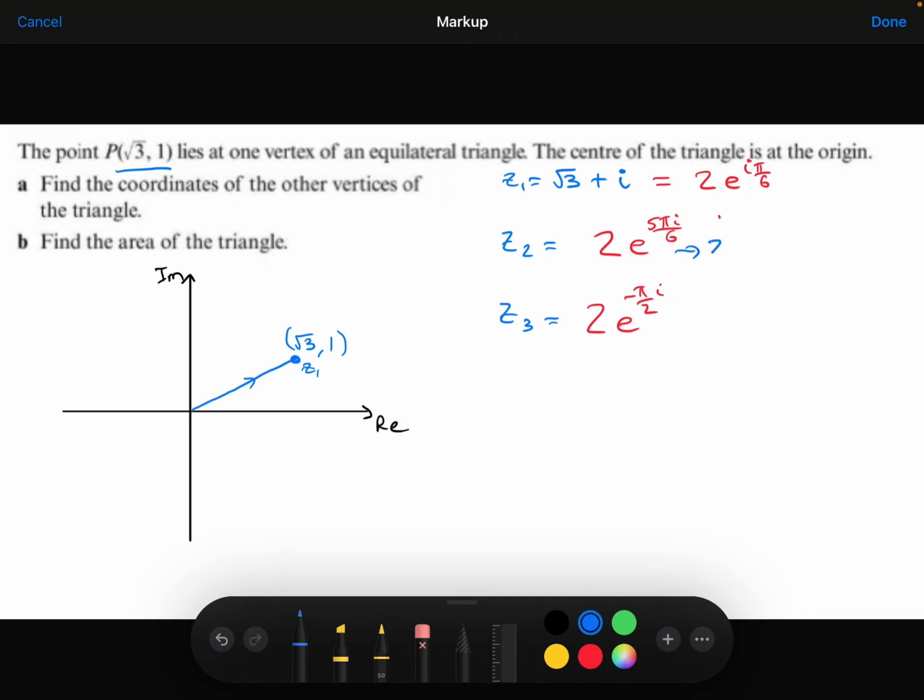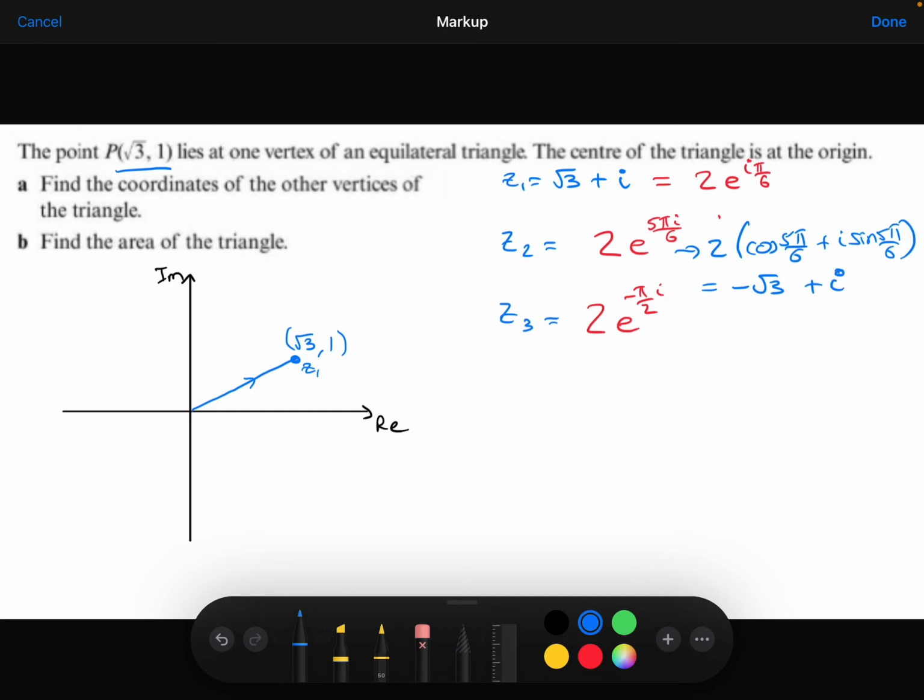Here the modulus is 2, we'll have 2 cos 5 pi over 6 plus i sine 5 pi over 6, which gives me minus root 3 plus i.